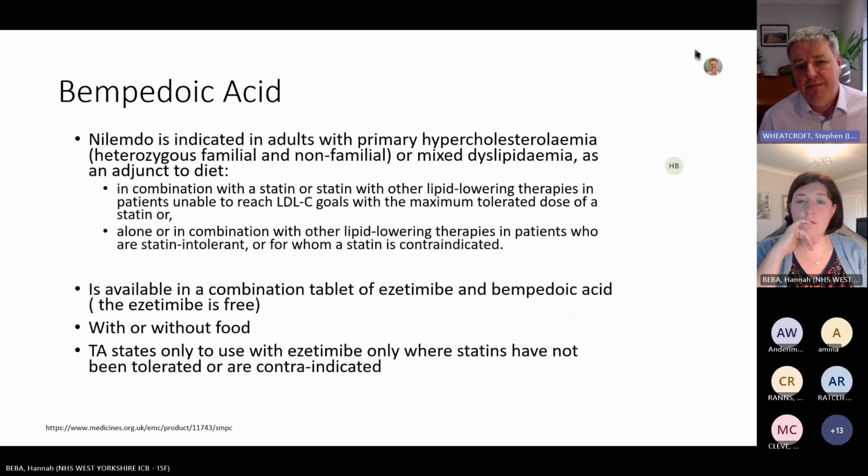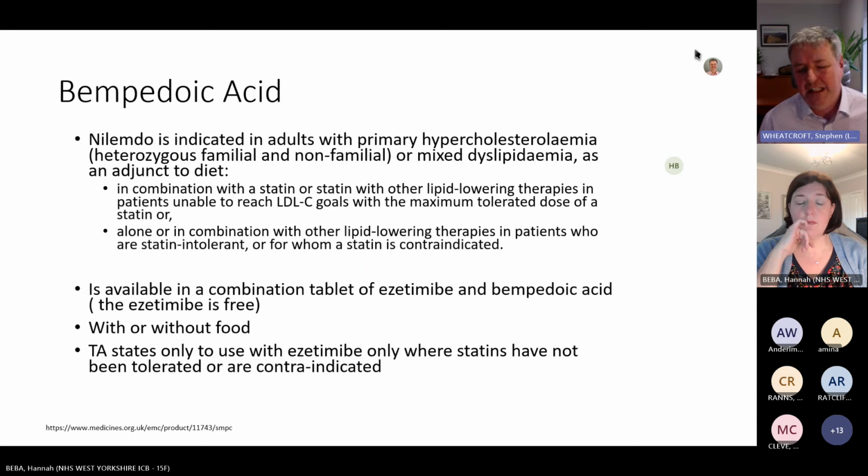So just a brief overview of bempedoic acid. Again, this is somewhat underutilized, but it is a very useful tool, particularly for patients who've struggled to tolerate statins. It acts upstream of statins, so it works on the cholesterol synthesis pathway within the liver, and it can work in conjunction with statin therapy.